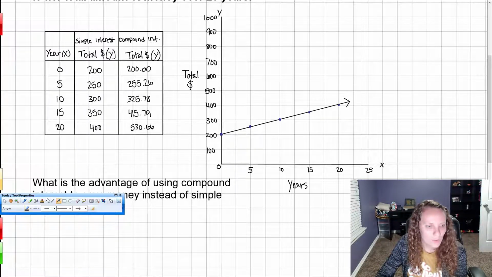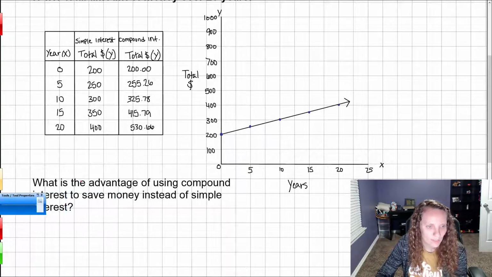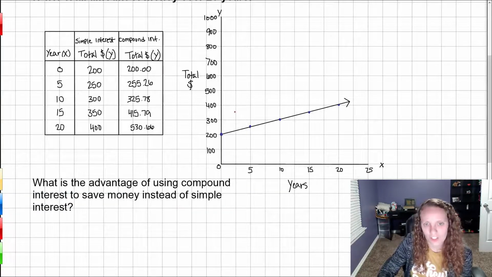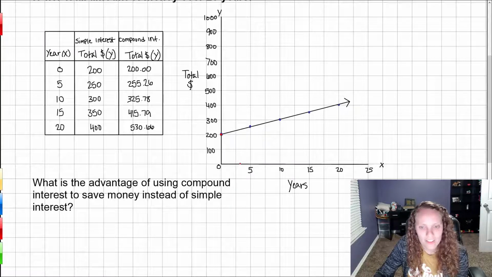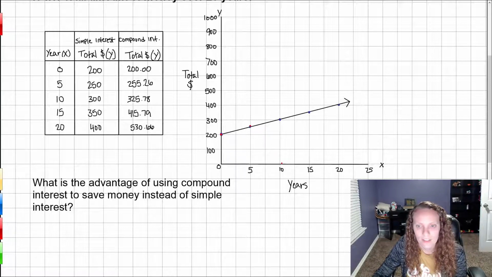And then let's graph the compound interest. So at 0 years, she's starting with $200. At 5 years, 255.26. 10 years, 325.